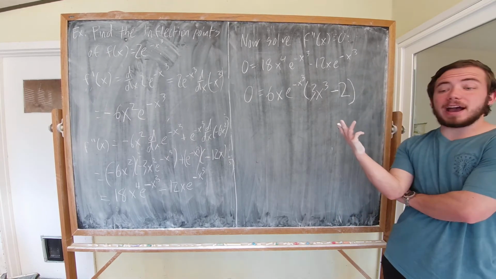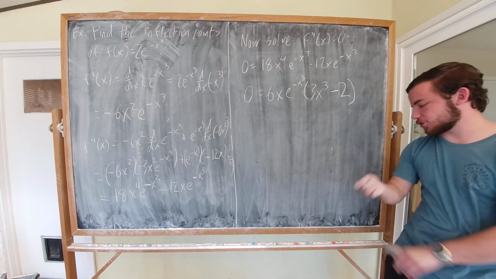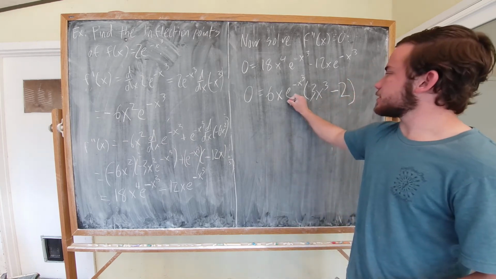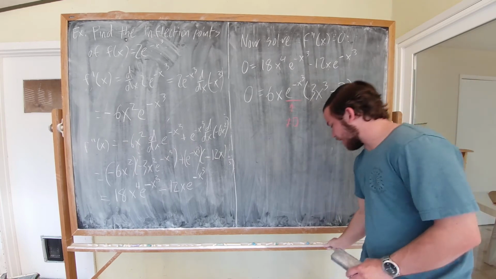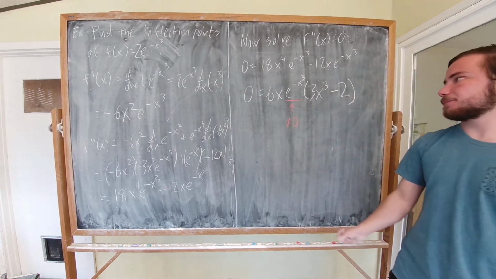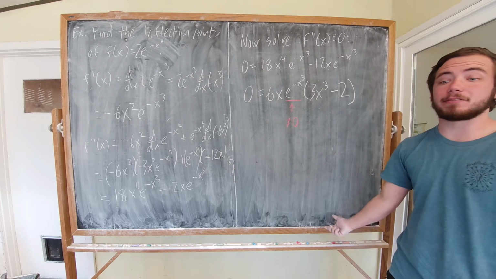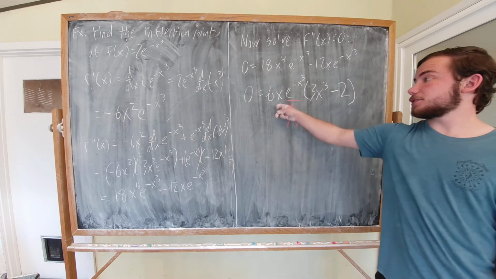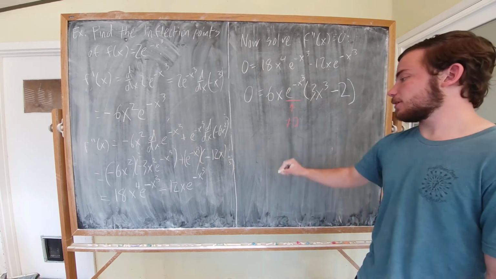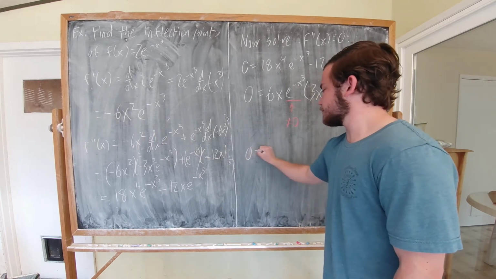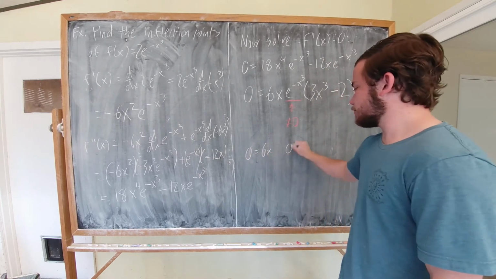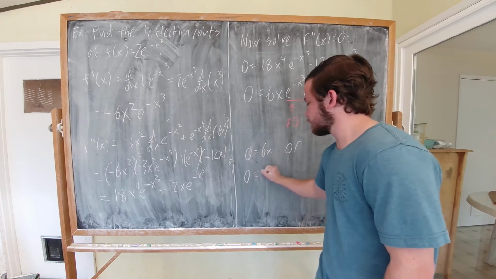Alright, so now we just check where each of our factors are 0. This part is never 0, no matter what x is. Right? It's e to the thing, never 0. This part is equal to 0 at 0.